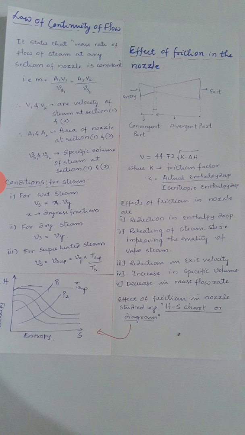Along the y-axis we take enthalpy, along the x-axis we take entropy. Some straight lines indicate pressure lines and temperature lines. By knowing this HS chart or Mollier diagram, we can know about the effect of friction in the nozzle.